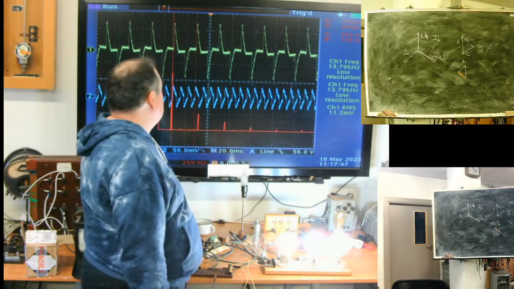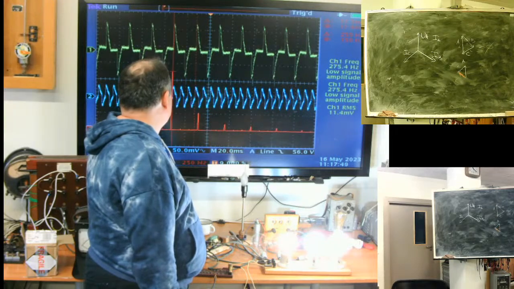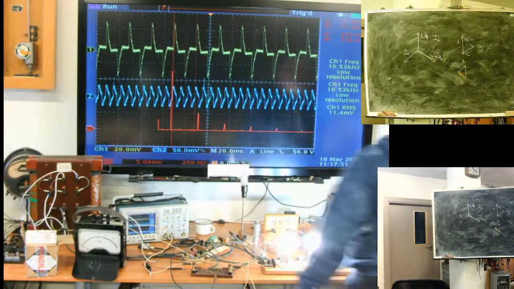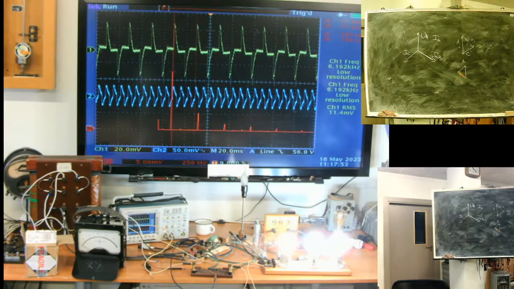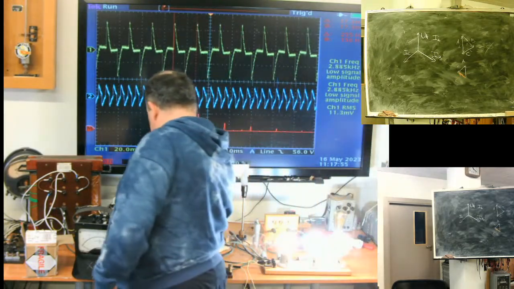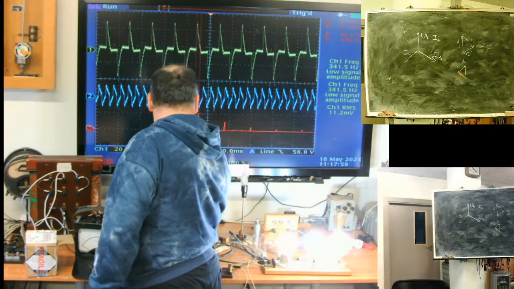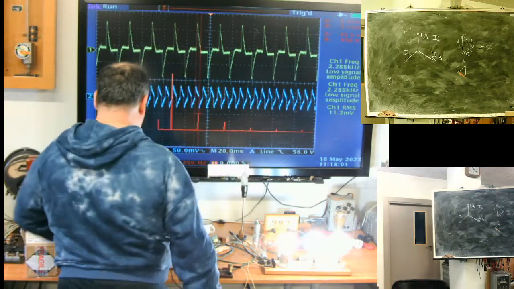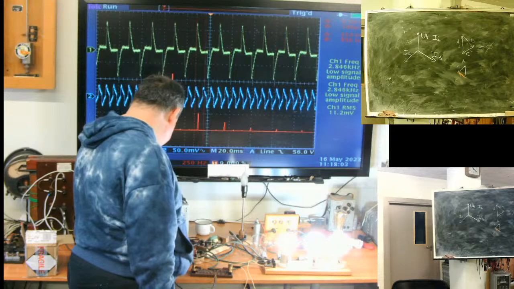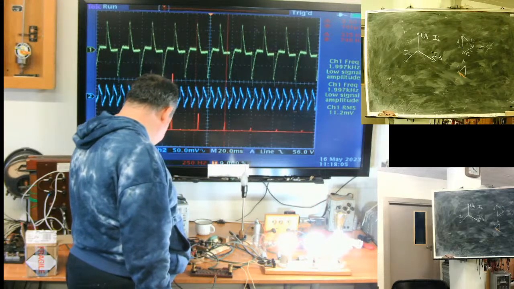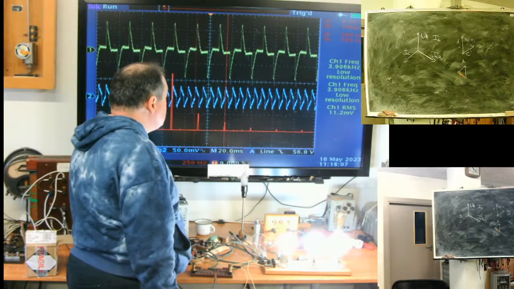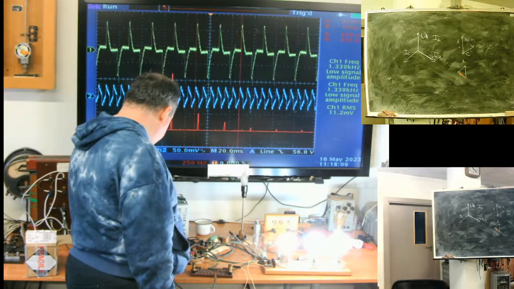First peak, 150 hertz. Second one, 450. Next one, 745, and so on.